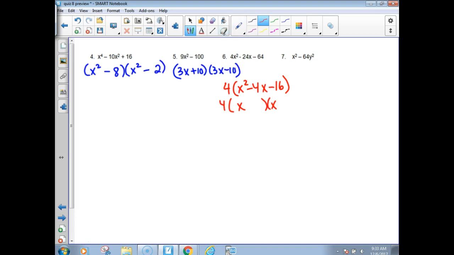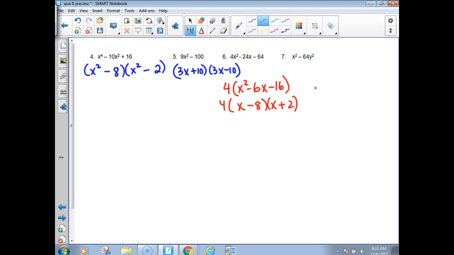Oh, of course, it's 6. Thank you for stopping me before I finish the problem. Of course, I have it in my key correctly. Anyway, the factors of 16 that add to negative 6 would be minus 8 and plus 2.